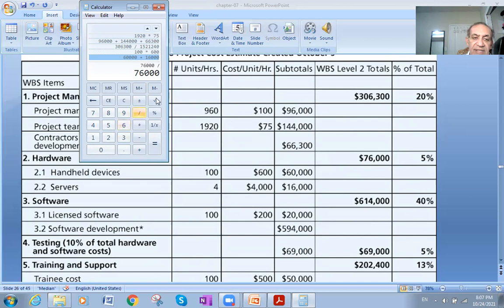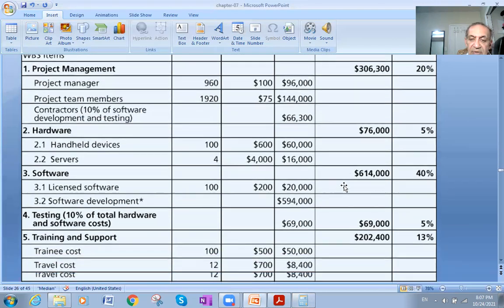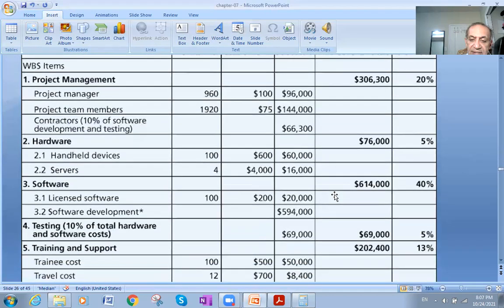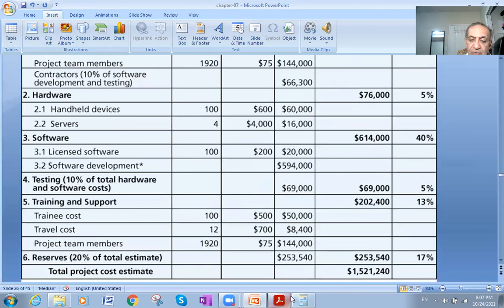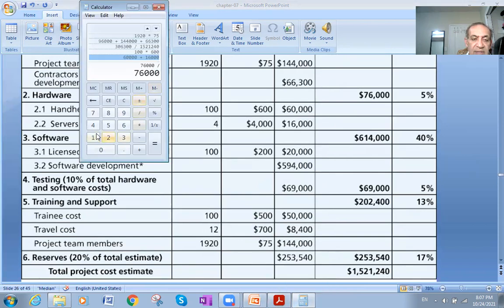Again, I will divide the 76,000 by the total amount of the project, 1,521,240, and that will equal 0.049, which we round to around 5%, because the 9 rounds the 4 up to 5.